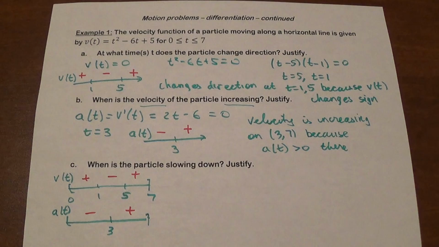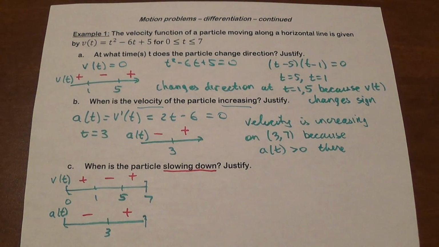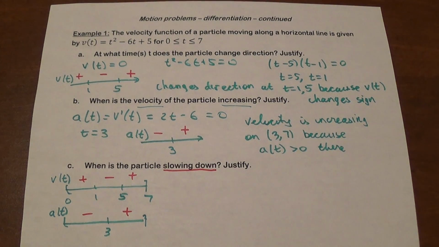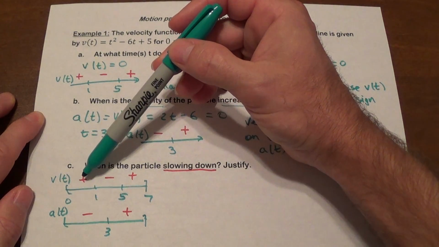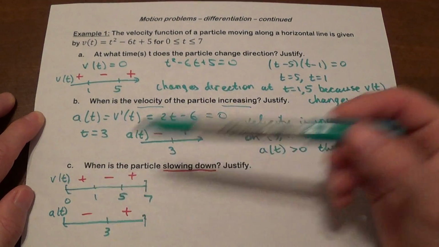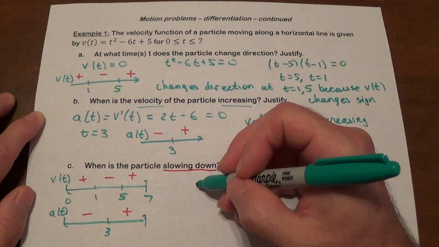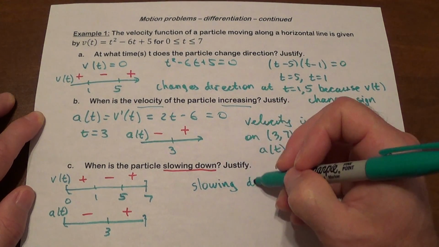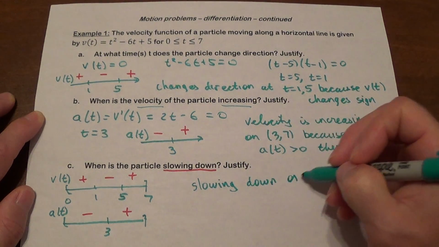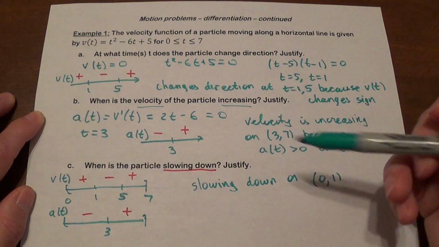So what we're looking for, since the particle is slowing down, is different signs of the acceleration and velocity. So where is it? Let's see. On the interval from 0 to 1, the velocity is positive, the acceleration is negative. So that's one interval.